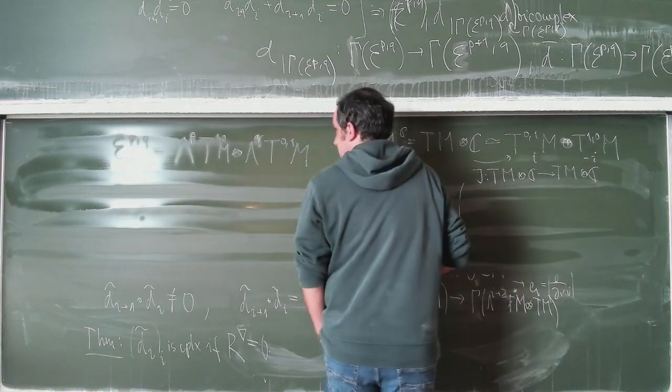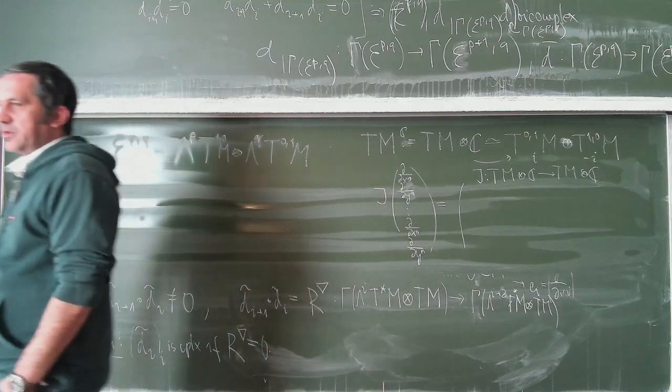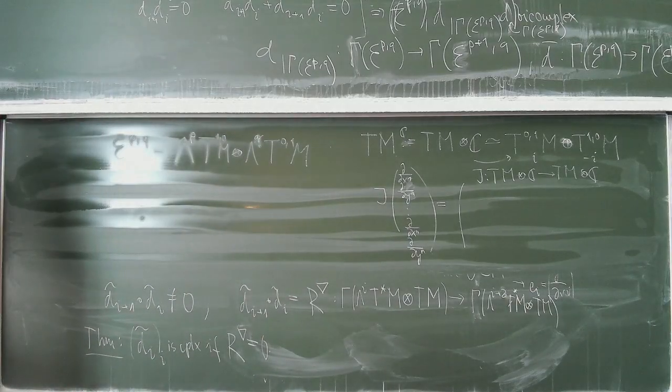I must say that I speak now only about an example of a complex structure. It is not easy now to introduce complex structure and go too much into the origins.